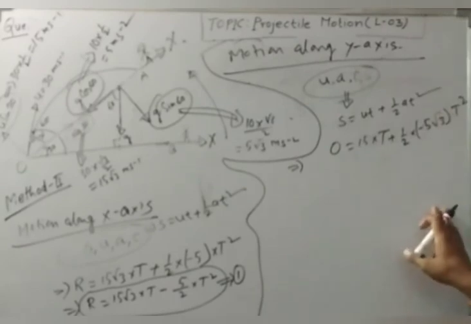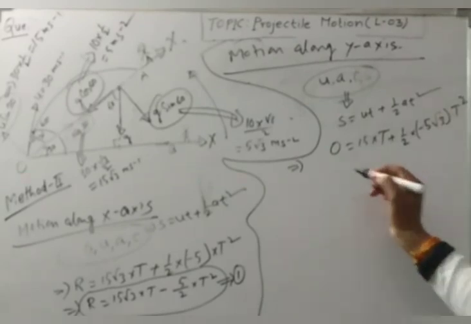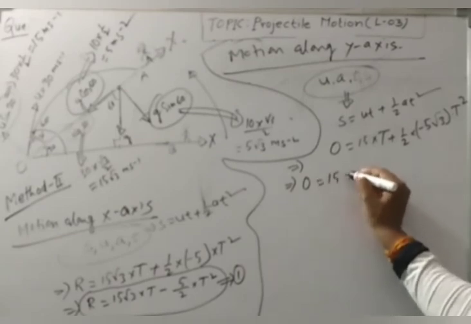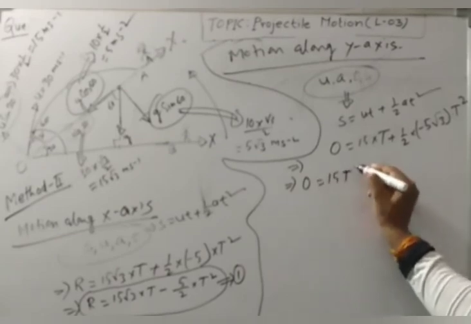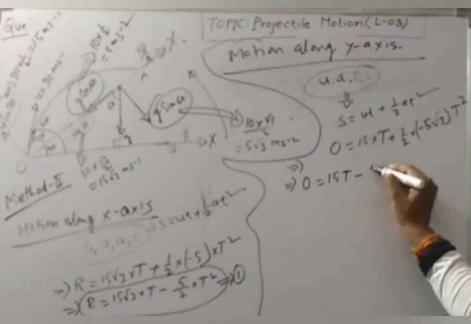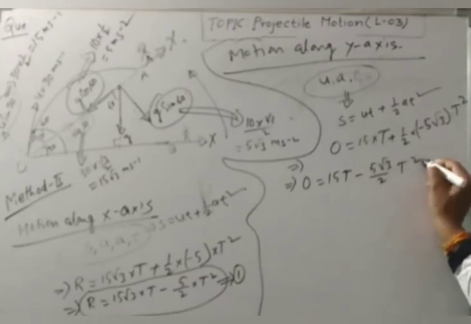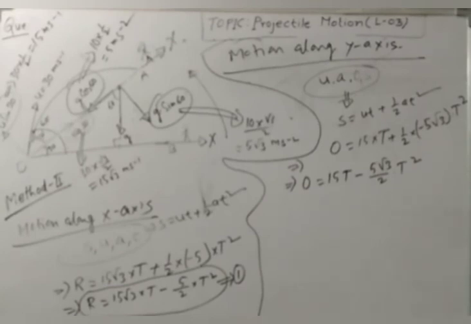So 0 equals 15 T minus 5 root 3 by 2 into T square.